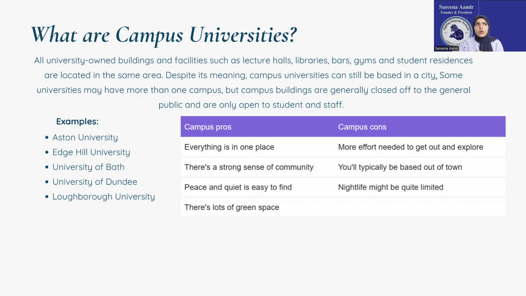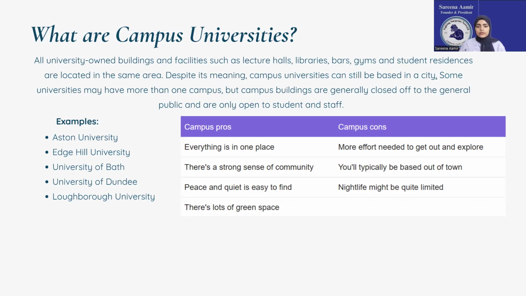Some pros and advantages of going to a campus university is that everything is in one place. So you won't have to have very long commutes from one class to the other. And there's also a very strong sense of community. All the people around you, well, most of them, will be going to the same university, and you can find it easier to make friends and to have more of a social life that is surrounded in a way with your uni and your studies.